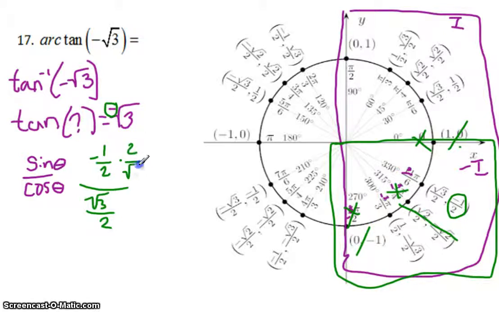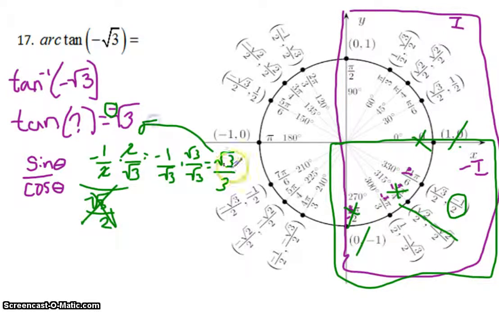I'm going to multiply. Well, my 2's are going to cancel out, and I'm going to get negative 1 over the square root of 3. Can I leave a radical on the bottom? No. Multiply by the radical over the radical, and I get the square root of 3 over 3. Is that the same thing? No. So that is not my answer.